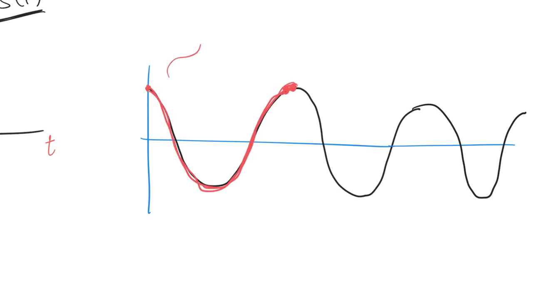Why? Because this is a cosine t, one full cycle. One oscillation means that the particle returned to the same point.